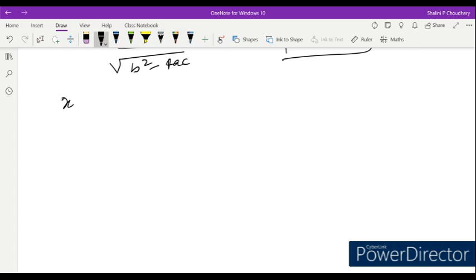X square plus 2 is equal to 0. This is a polynomial equation, a quadratic equation. Degree is 2, so there will be 2 roots. Okay, so x square will be equal to minus 2, and then x will be equal to plus minus square root of minus 2.